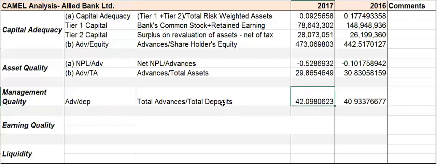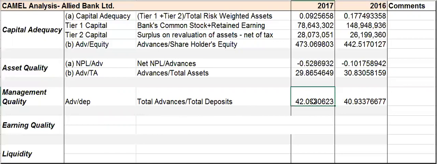The main purpose of a commercial bank is to take deposits and lend this amount, or advance it, to other parties. If they advance more and take fewer deposits, it is a better sign for the bank. If this ratio is higher, it means that the bank, or management, is performing well.